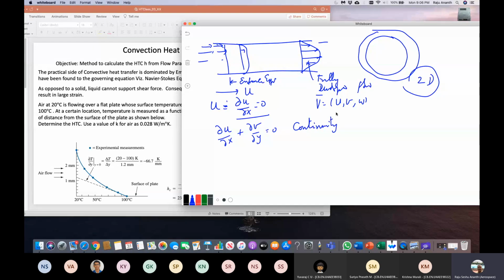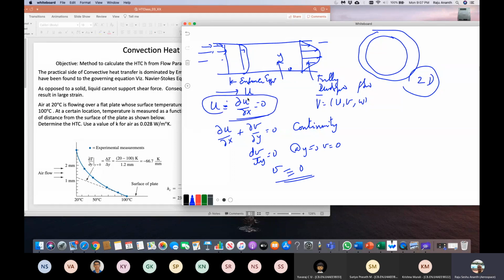Now du/dx is 0, so dv/dy is 0. Now v, the velocity in the y direction, is constant. However, on the boundary at y equal to 0, v is also 0. That means v is identically 0. So only the profile u is available.